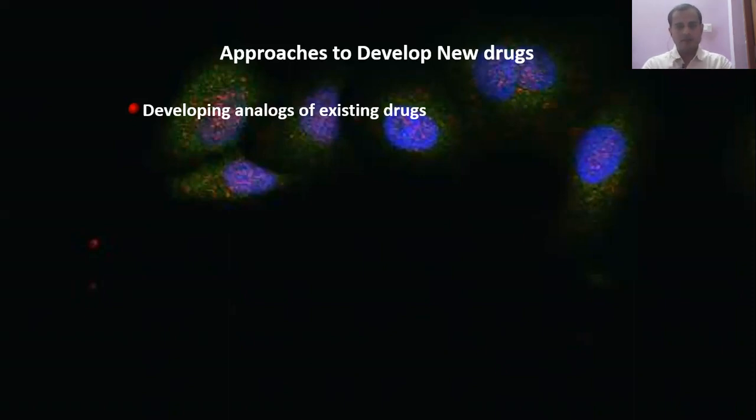The best example is macrolide antibacterials, like erythromycin. It's called a first generation macrolide. When there was resistance, scientists developed azithromycin. They made some changes in the erythromycin moiety, and made azithromycin, which is more efficacious than erythromycin. Then again, they developed clarithromycin.